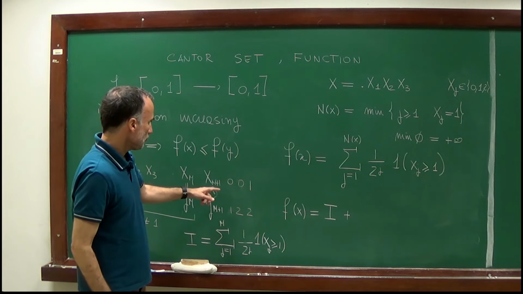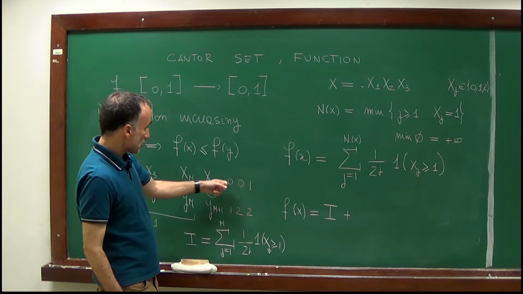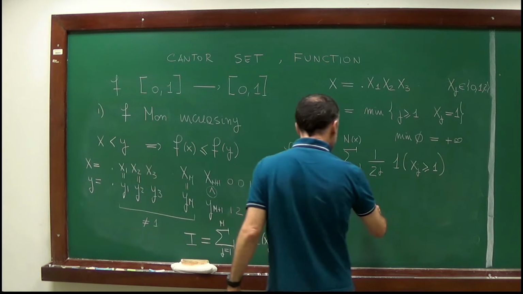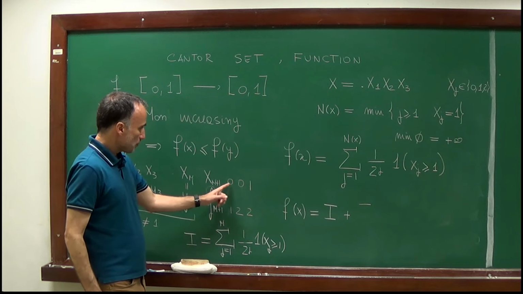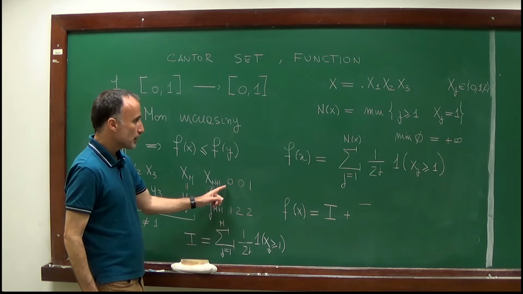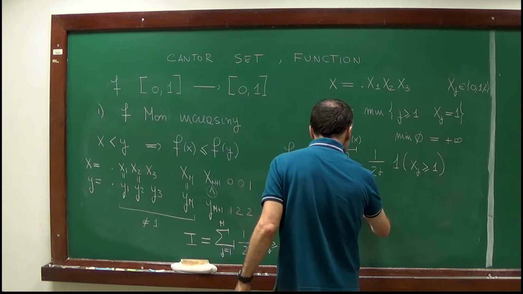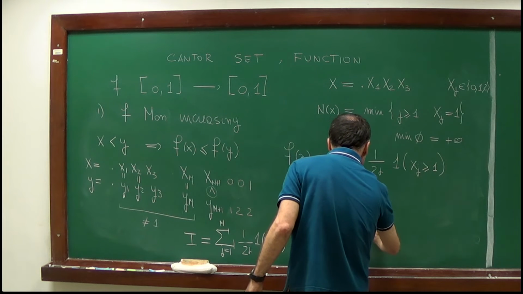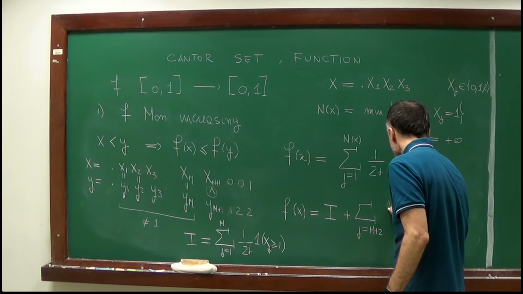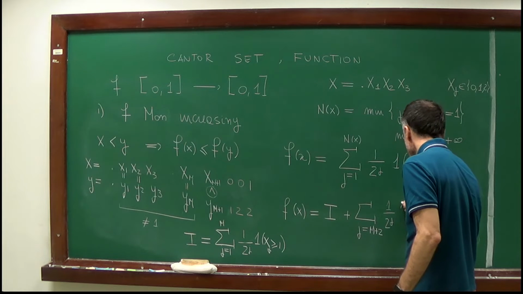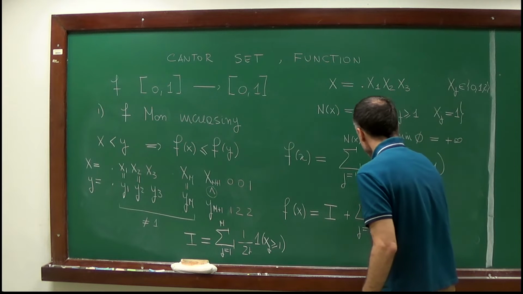So in this sum, n of x is larger than m plus 1. So here I have a plus, but my sum starts from m plus 2, because the contribution of the digit x_{m+1} is 0, because x_{m+1} is equal to 0. So I have here a sum starting at m plus 2 of x_j times 1 divided by 2 to the power j, if x_j is larger than 1, and up to n of x.